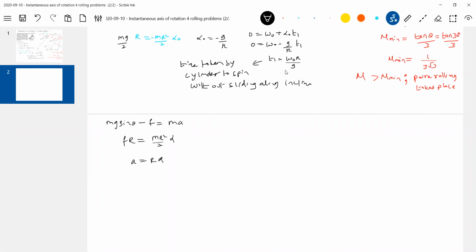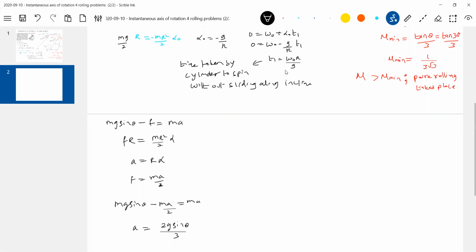You can write pure rolling on what basis? Yes, the mu is greater than mu for pure rolling. Solving this with r alpha, f equal to ma by 2. I substitute r alpha here, then r cancels out, and I get f. Substituting this value of f: mg sine theta minus ma by 2 equal to ma. So a is equal to 2g sine theta by 3.